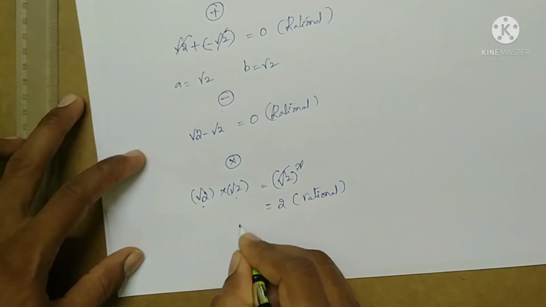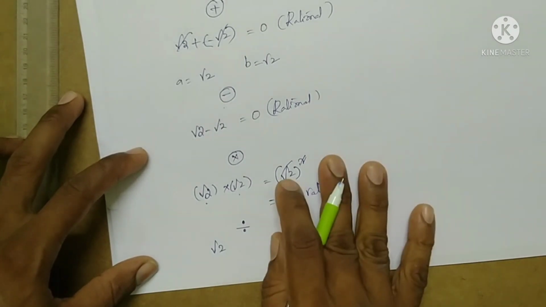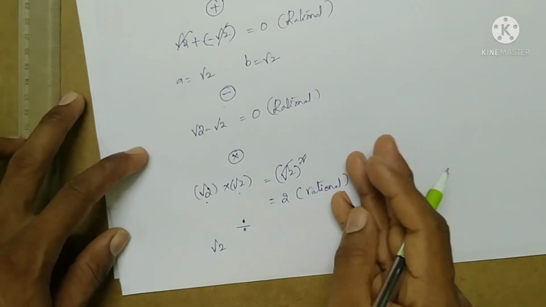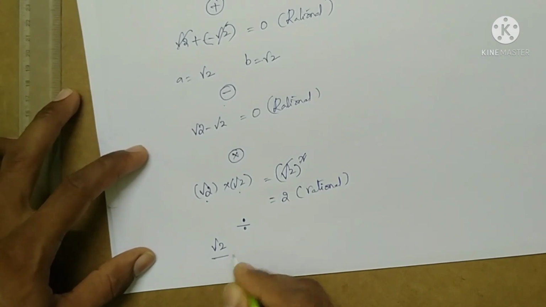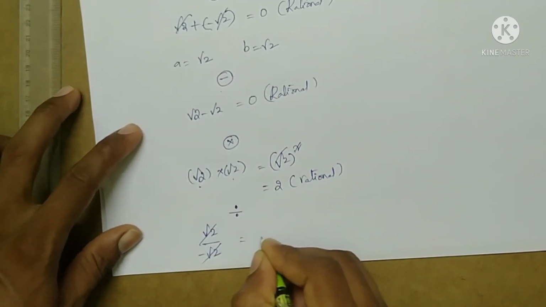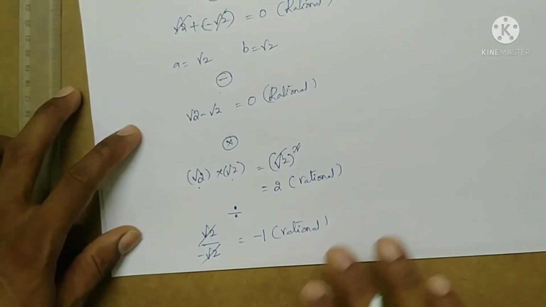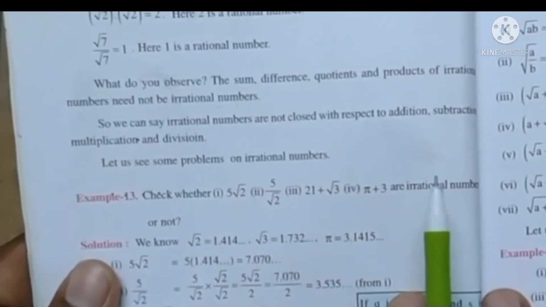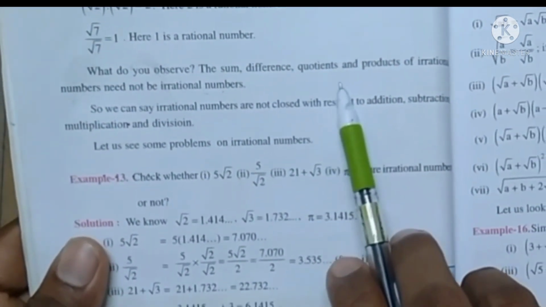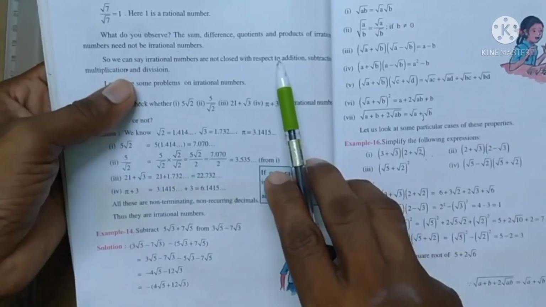Next, our final operation is division, right? Here a is equals to root 2, and b is plus root 2 or minus root 2. Let us take root 2 divided by minus root 2. Root 2 cancels, result is minus 1. It is also rational. So from this activity we can conclude that the sum, difference, quotient and product of irrational numbers need not be irrational numbers.